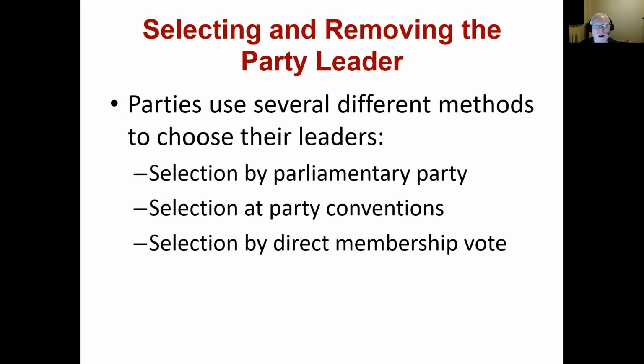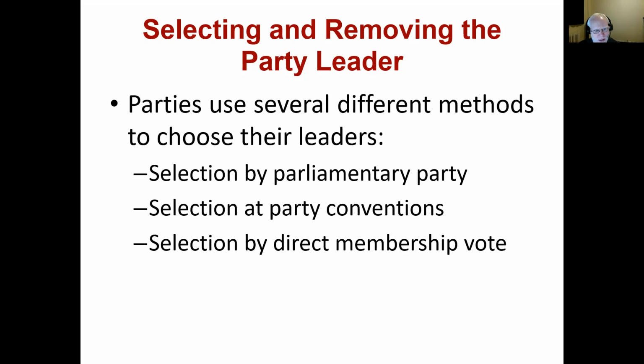So members of parliament and members of the party leadership will be able to participate in the convention. Oftentimes, different regions will be able to elect delegates who go to the convention. And so those who are elected to represent the region get to vote at the convention to select the leader.